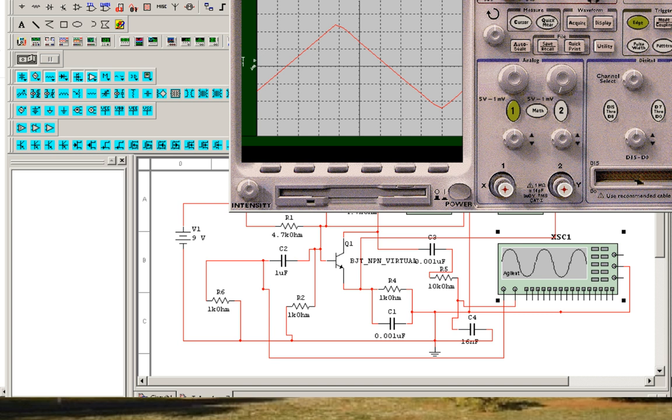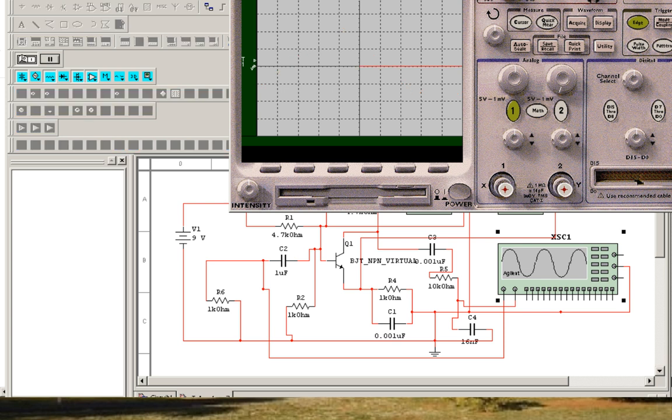The reason for doing that is we're shorting the input via a low impedance, which is relatively a low noise source. It's just the thermal noise across that resistor.